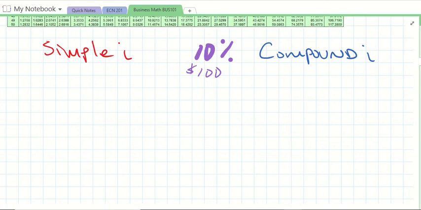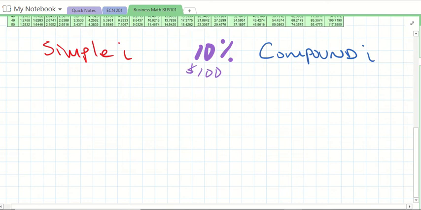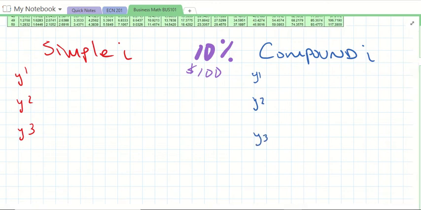And over here, to find simple interest, it's pretty easy. We take our $100, and we're going to look at year 1, year 2, and year 3. And over here, we'll look at year 1, year 2, and year 3. So we're going to earn 10% on $100.